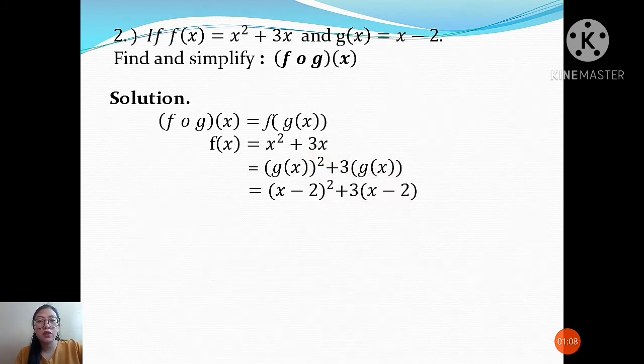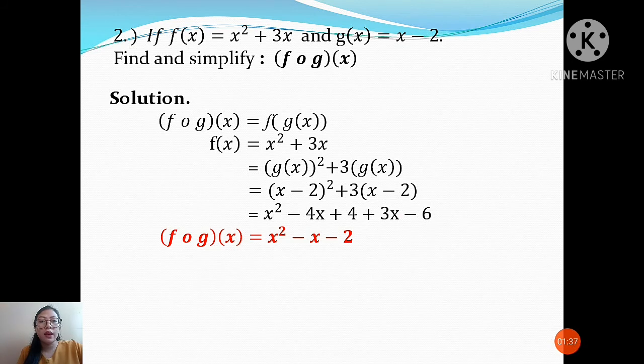Then substitute the given function for g of x. So it will become the quantity of x minus 2 raised to 2 plus 3 times the quantity of x minus 2. To solve this, x minus 2 raised to 2 is x squared minus 4x plus 4. Then distribute 3 to this group: 3 times x is 3x, then 3 times negative 2 is negative 6.